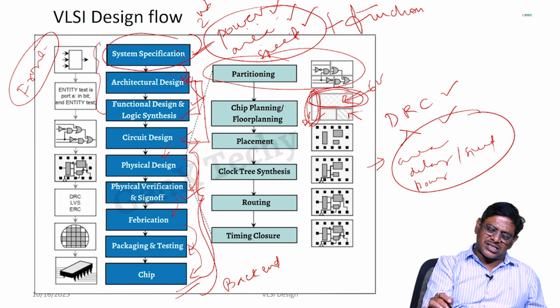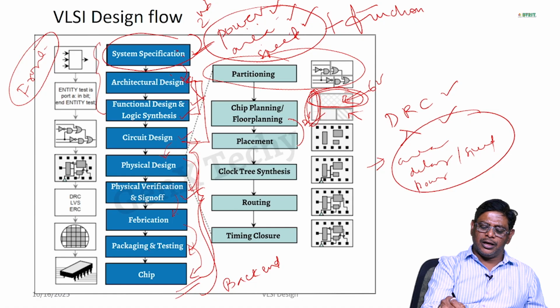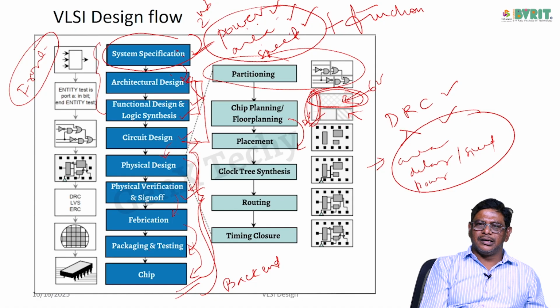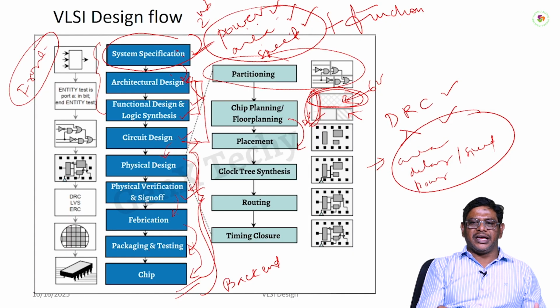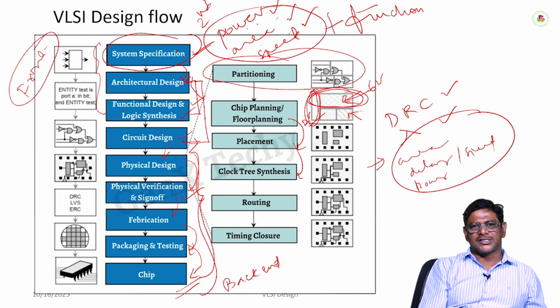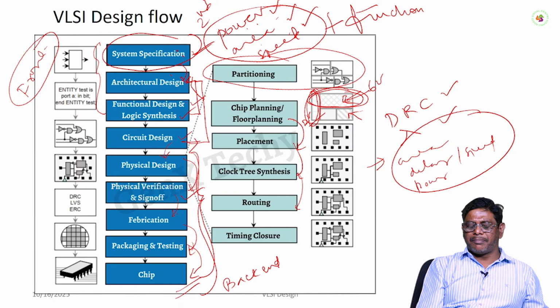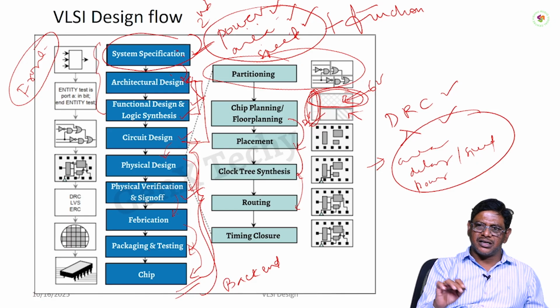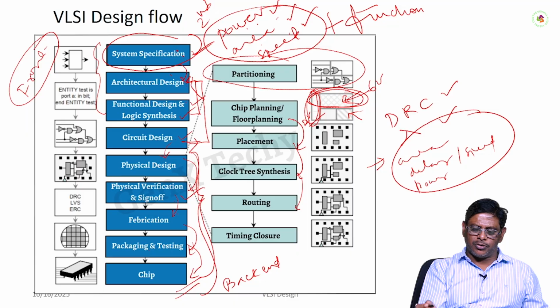Considering all these things together, we move on to the placement, fixing a component at a particular place in order to avoid much area. Then we go with the clock synthesis. Clock tree synthesis is where a single clock is applied to the entire system by dividing the clock into a number of sub-blocks. Then we go for the routing path, making an interconnection from one component to another based on its flow from the input to the output.